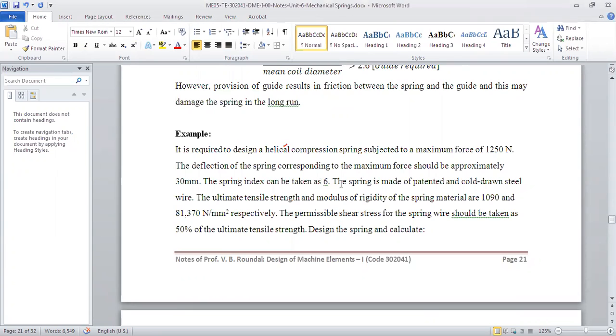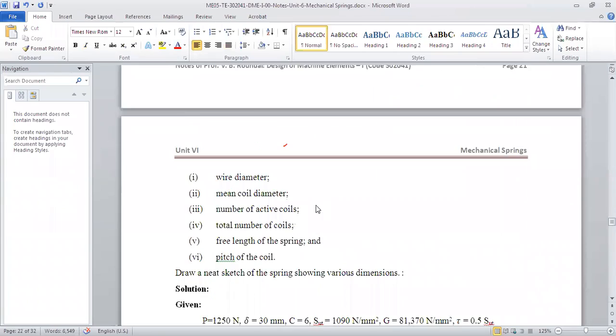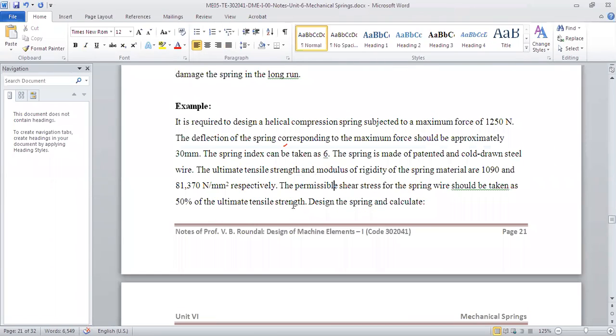Okay, so let's take a numerical. Now, we'll try to design a spring with whatever approach we have seen. The problem statement is that it is required to design a helical compression spring subjected to a maximum force.